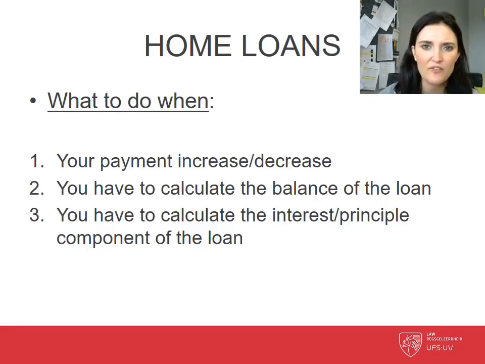How would that affect your specific home loan and the balance, etc. You can also calculate the balance of your loan, and you can also calculate, at a specific period in time, the interest that you paid and the principal that you paid for that specific period. Now, I'm going to explain all of those three things. So if you get a question on anything like this, this is how you would approach the question.